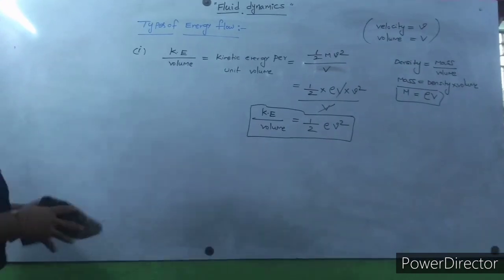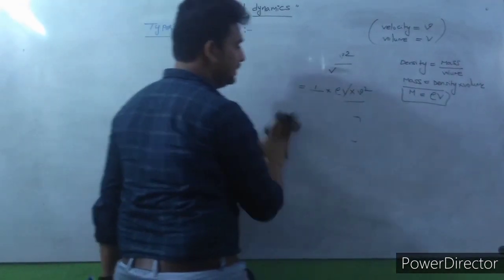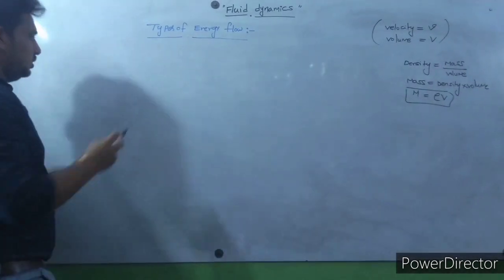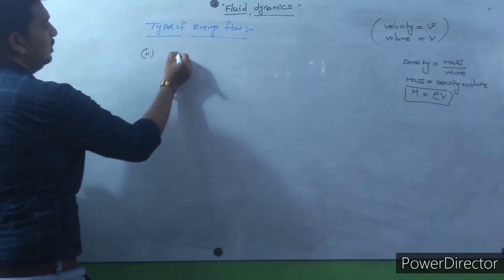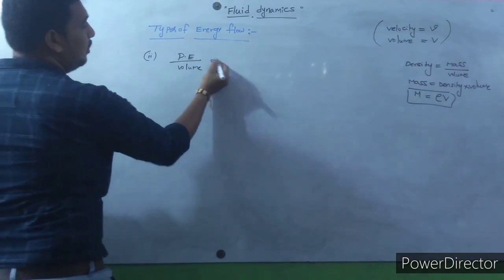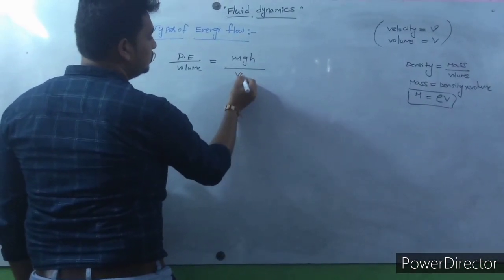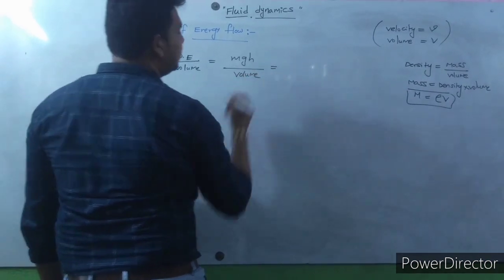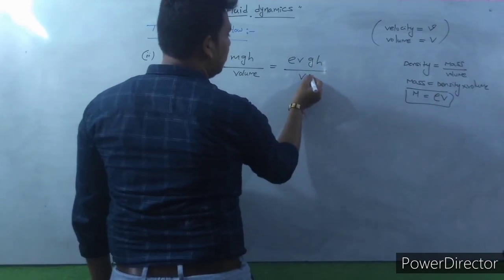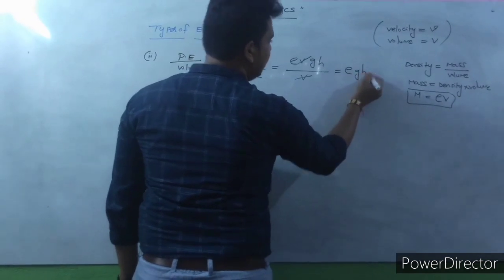Second one, potential energy per unit volume. Potential energy means mgh by volume. M means density into volume, into g into h, by volume V. Here V is cancelled. Finally we got rho gh.